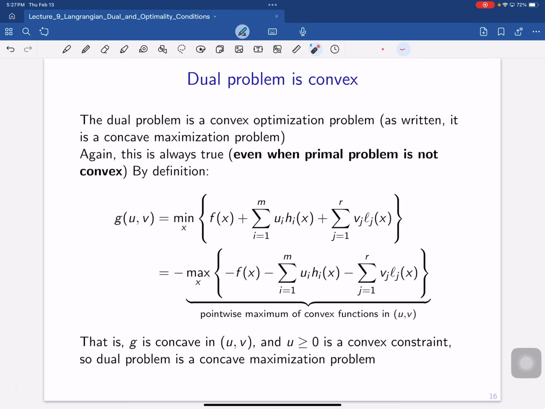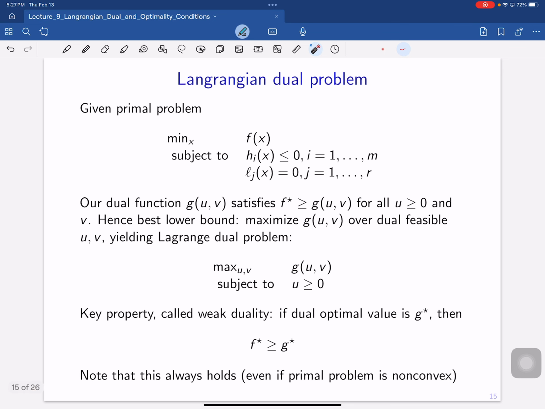Now let's show another property of the dual problem, right? This is an interesting property: the dual problem is a convex optimization problem, even when the primal problem is not convex. It can be shown very easily here, right? So the idea is we want to check if this optimization problem is a convex problem.